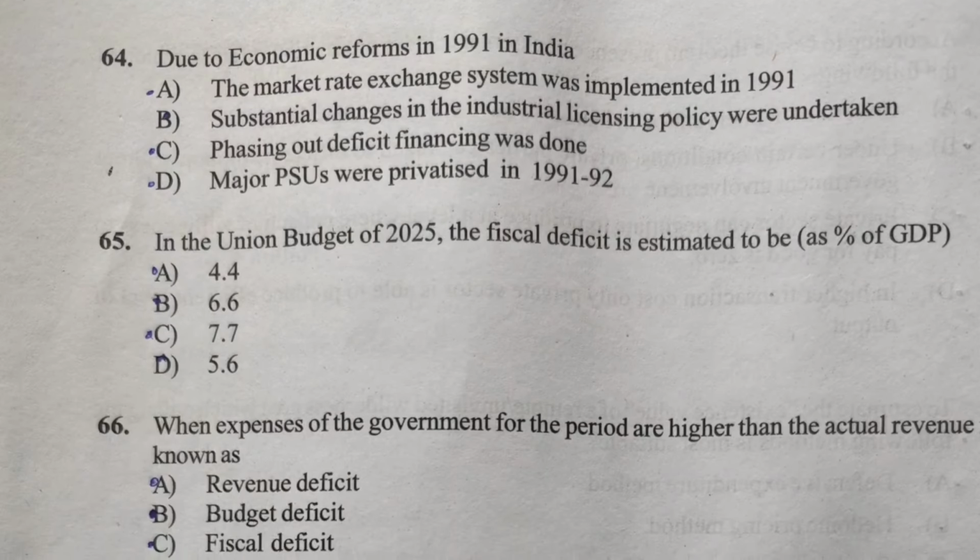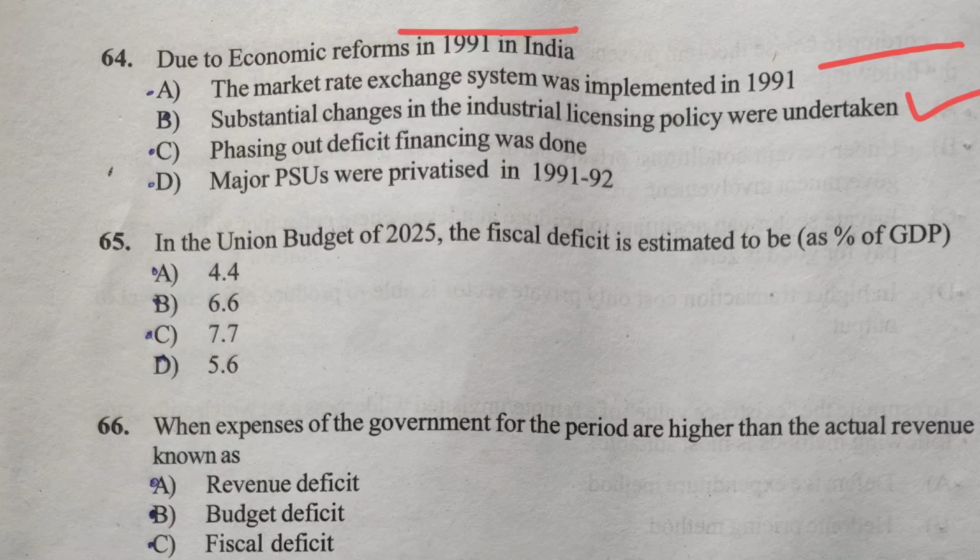Okay, next question is, due to economic reforms in 1991 in India, the market rate of exchange system was implemented. Substantial changes in the industrial licensing policy were undertaken. Yes, that's correct. You know, barriers regarding licensing was removed here.